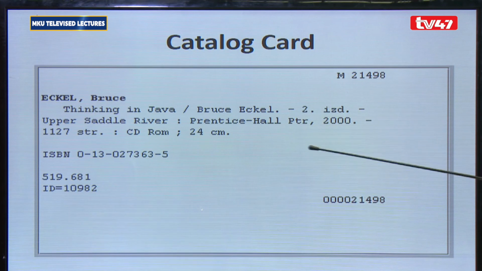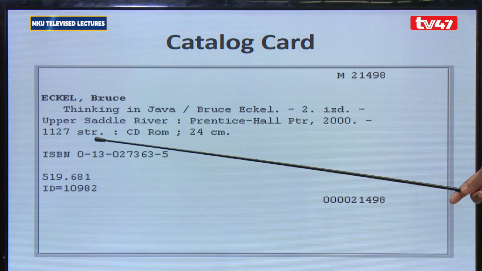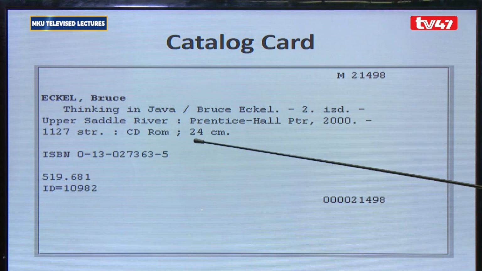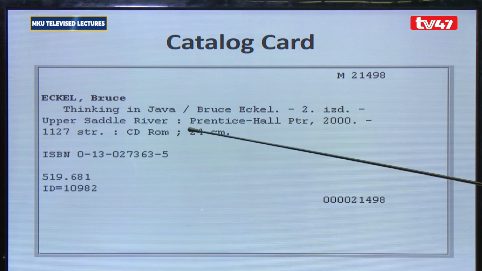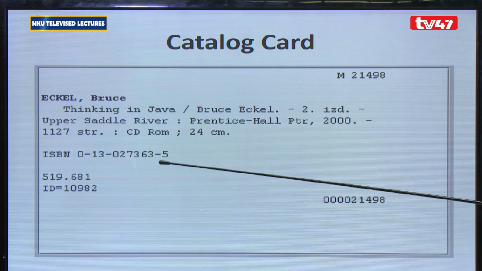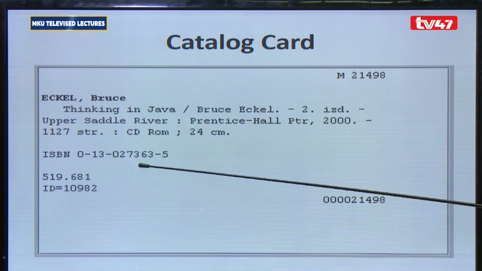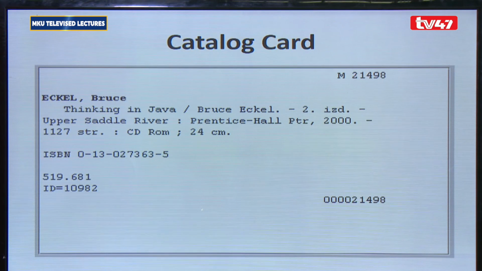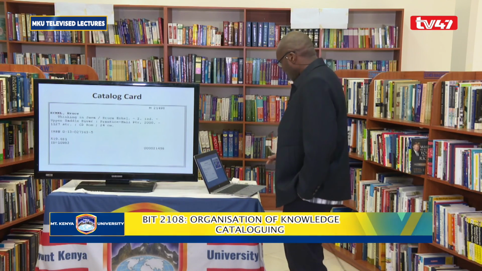The year of publication, it is a CD-ROM, and it is 24 centimeters. These are the dimensions. And then the ISBN number, the call number, and other identifiers. All this information makes up the metadata which is captured by the catalog card.